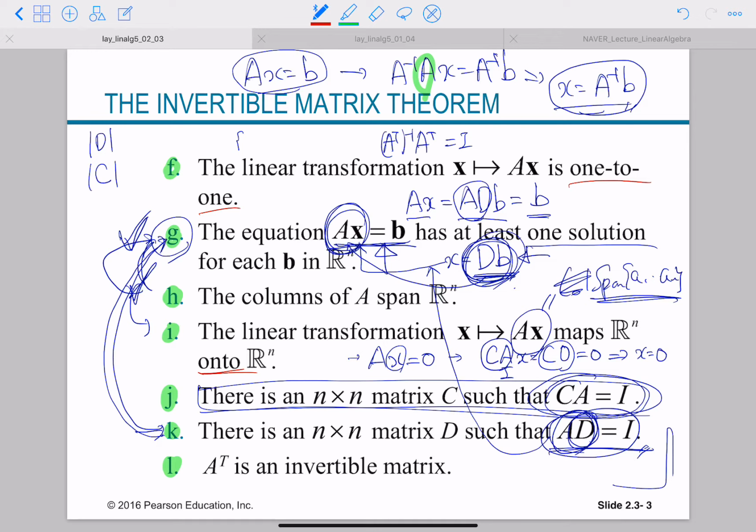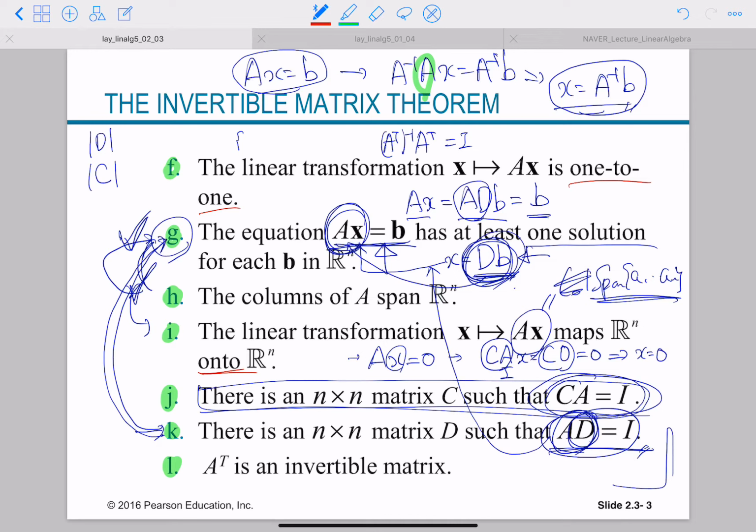And at the same time, if you choose any one of them and that one is not satisfied, then it automatically makes all the others not satisfied. So they have all the same destiny. That's the meaning of this equivalence. If any one of these items is true, then all the others are also true, but if any one of them is false, then all the others are also false.